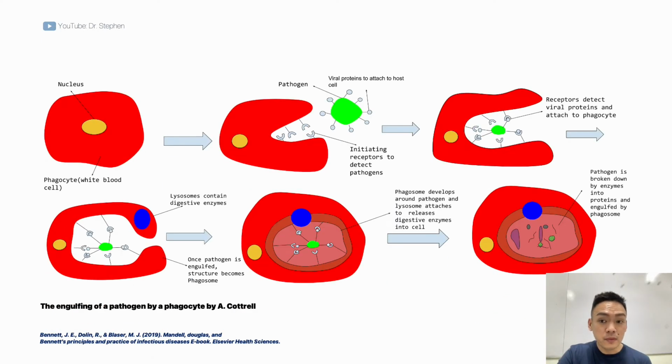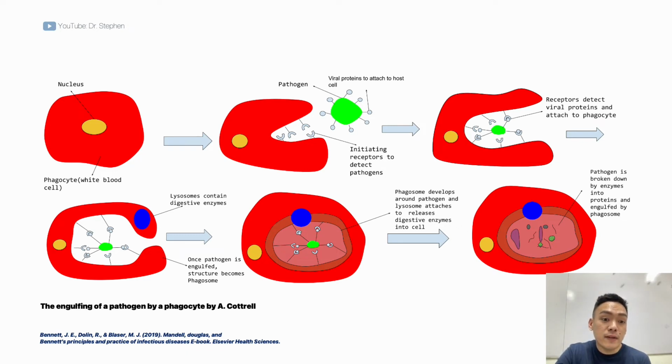This diagram shows the engulfing of a pathogen by a phagocyte. It starts with a white blood cell, your phagocyte. Then we have initiating receptors to detect pathogens. We have the viral proteins of the pathogen. Receptors will detect these viral proteins, attracting the phagocyte.